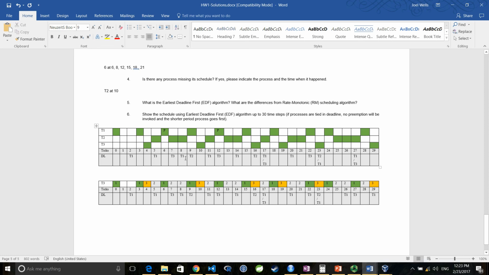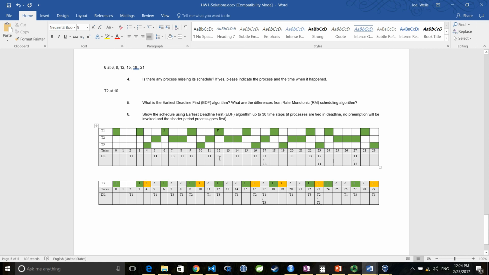So we're still looking sort of the same, but here's where things get a little different. T2 starts to execute here because T2's deadline is first, but then T3 is available, right? But T2 continues to execute because its deadline is earlier than T3's deadline, which is way out here.